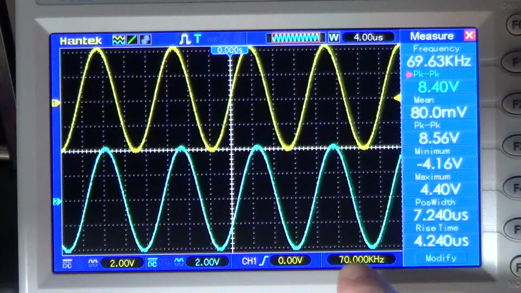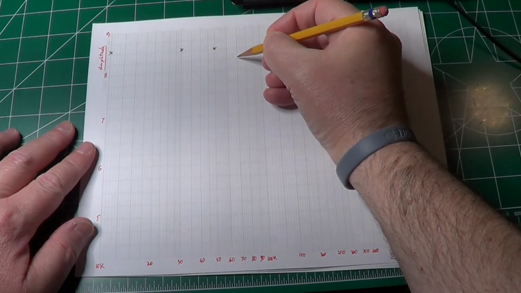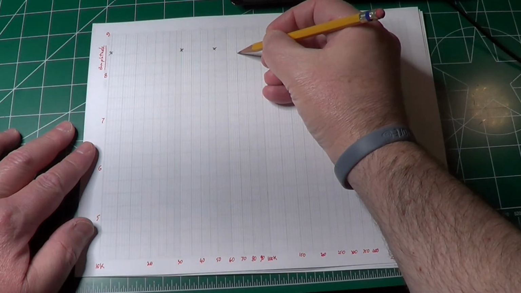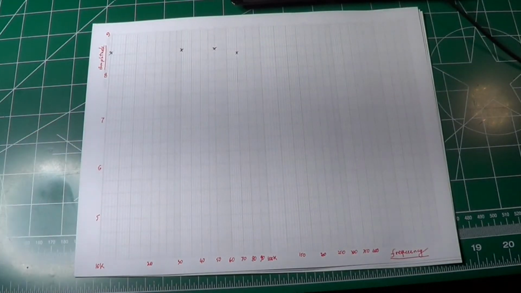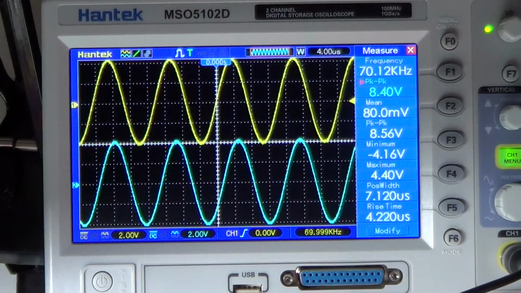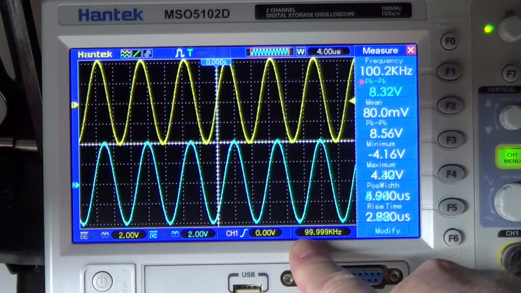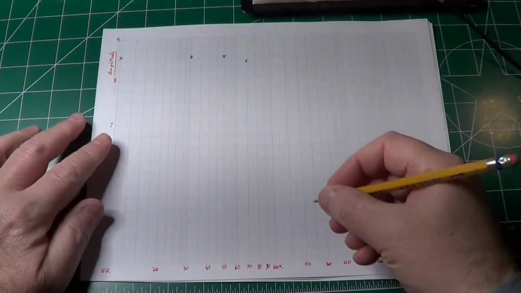The fourth pair, 70 kHz and 8.40 volts. You see, now we can see a little diminishing of the amplitude. Here's the fifth pair, 100 kHz and 8.32 volts.